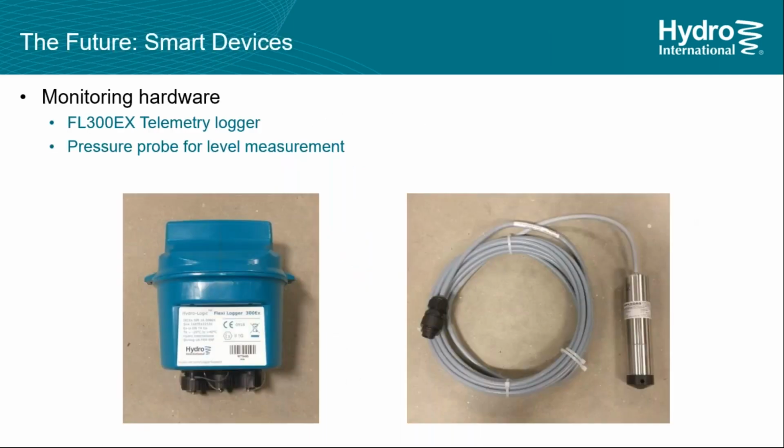Now, what Hydro International is doing now, and on many industrial sites like the Port of Tacoma, we are now installing monitoring hardware into our filters, our separators. And what that looks like is a telemetry logger and a pressure probe.